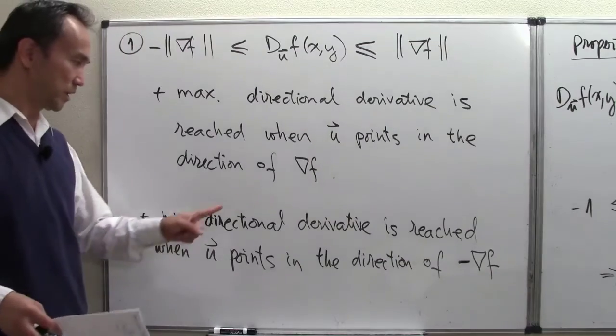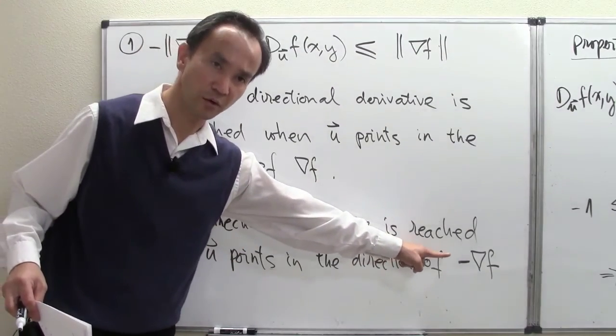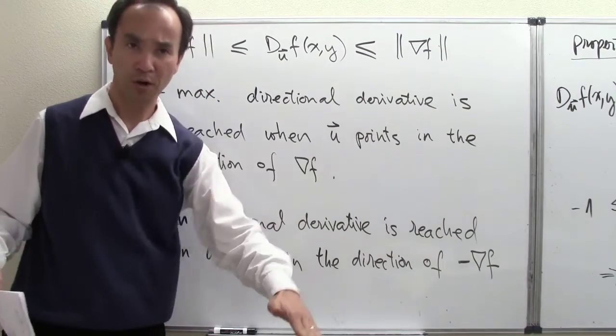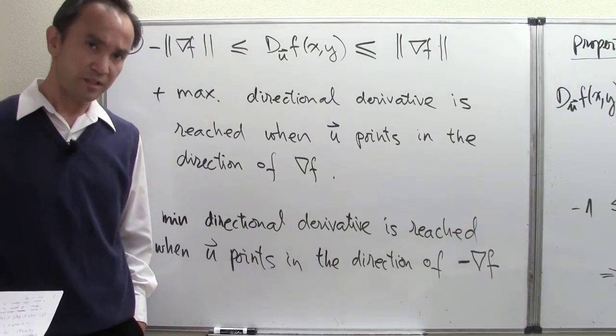So when the vector u points in the direction opposite to the gradient, we're going to reach the lowest directional derivative value right there.